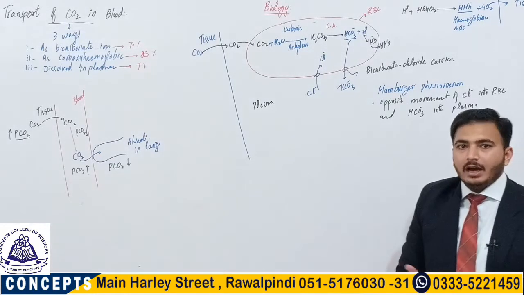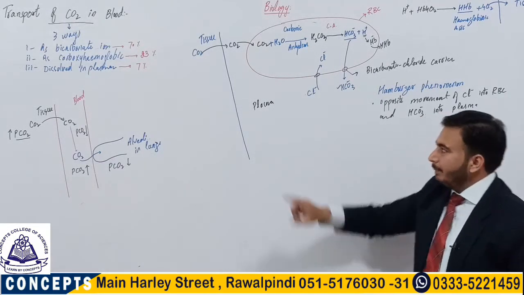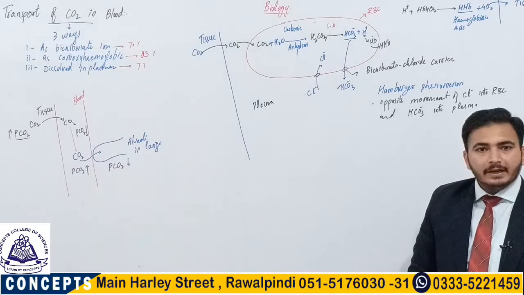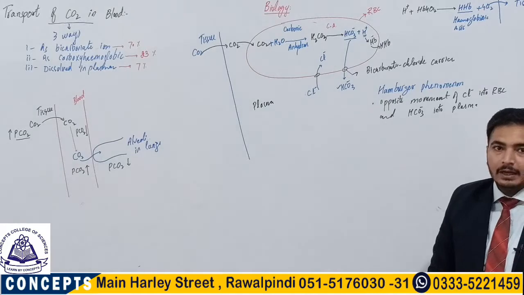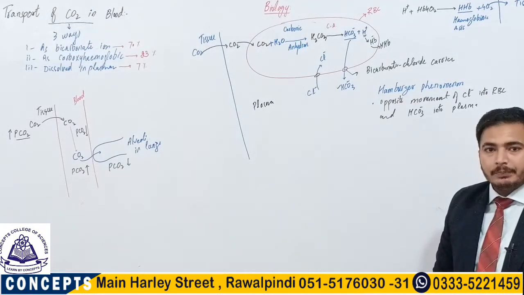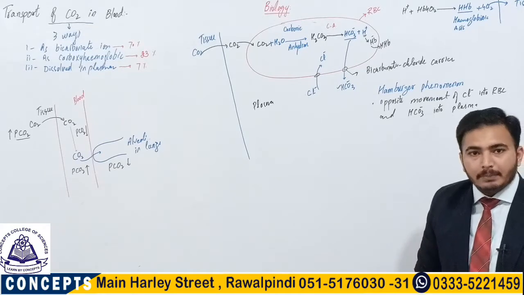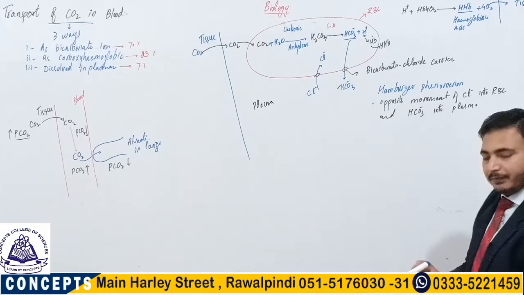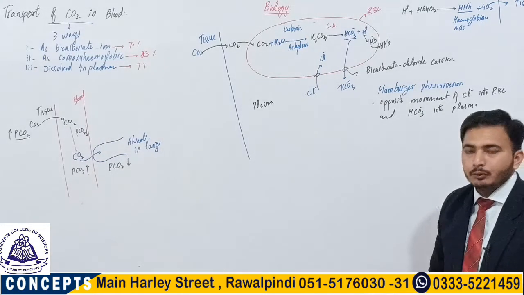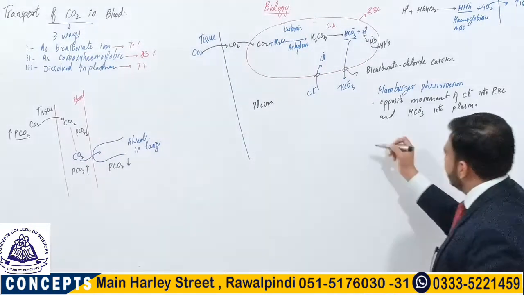So here the question arises, what happens with the pH of the blood? Blood pH never changes. Why? Because there is a buffer mechanism present inside the blood. How does the buffer mechanism help to maintain the pH of the blood?